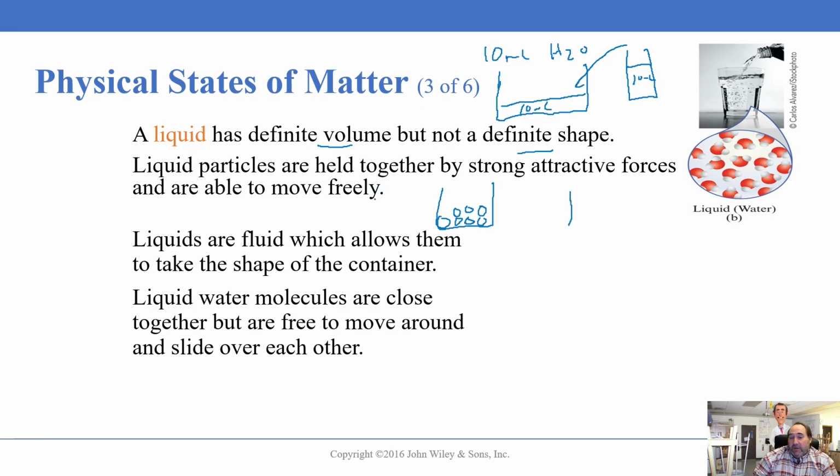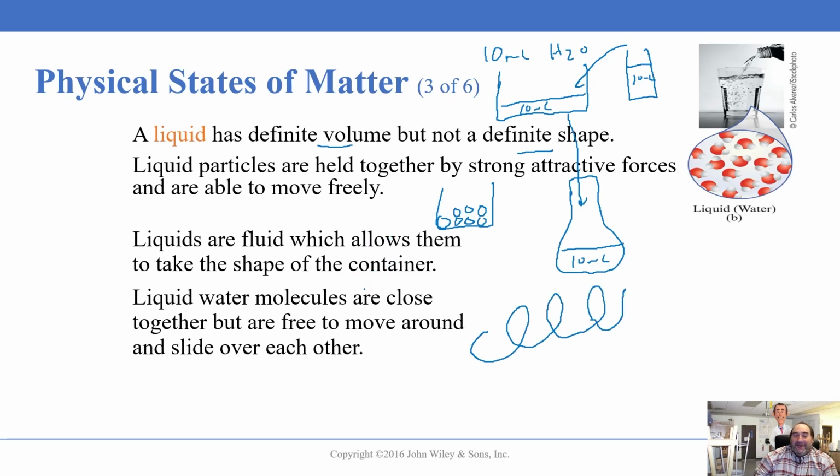If I took it out of the trash can and I put it into a flask that has this sort of shape, my water then has basically this shape. If I put it into one of those silly straws, my best silly straw drawing looks like a curvy line, I suppose. There we go.